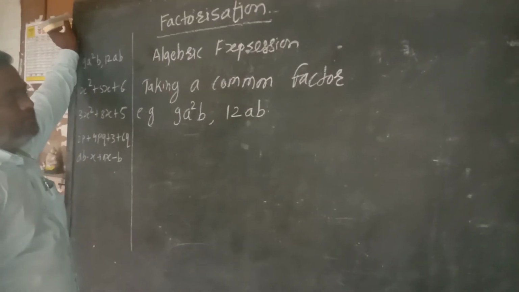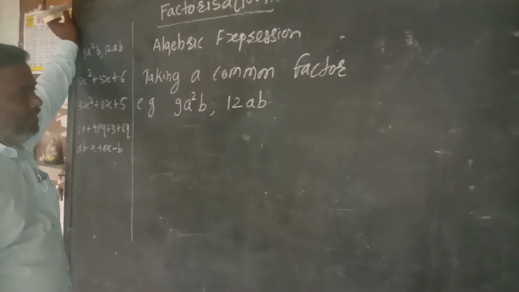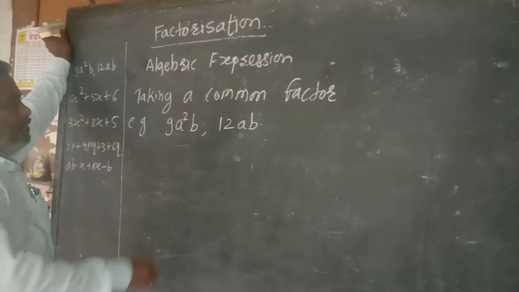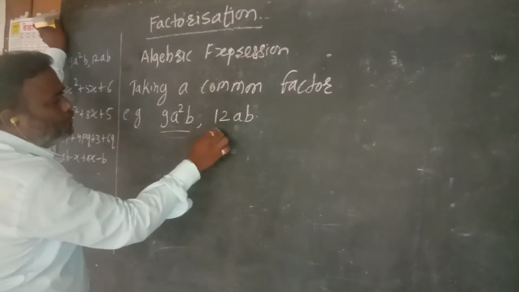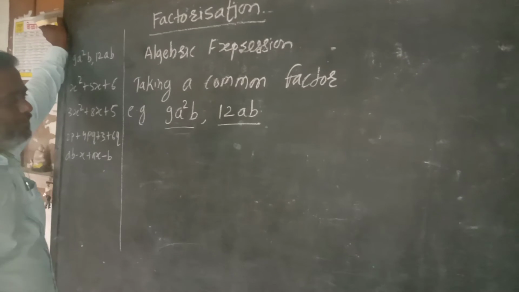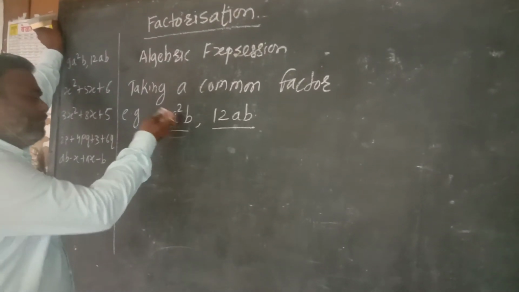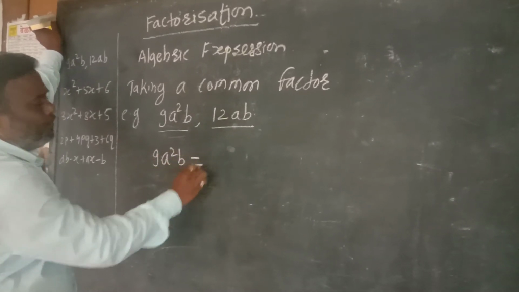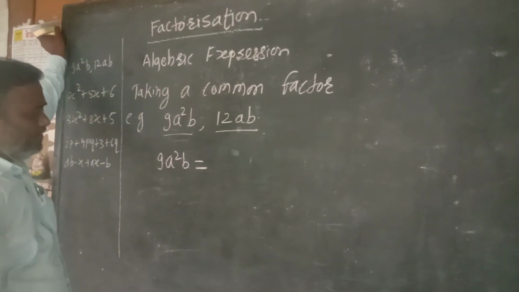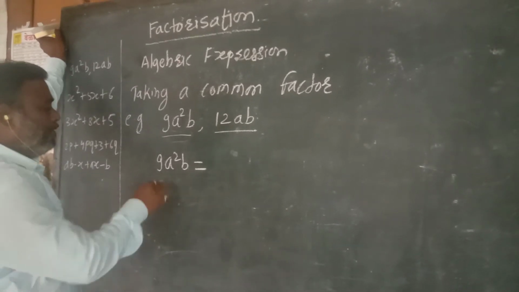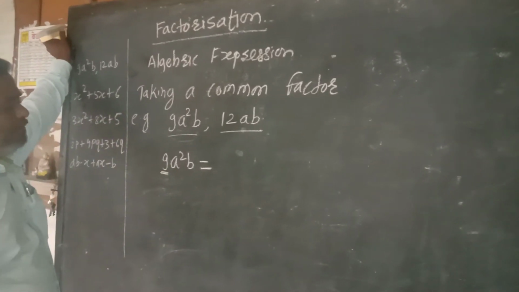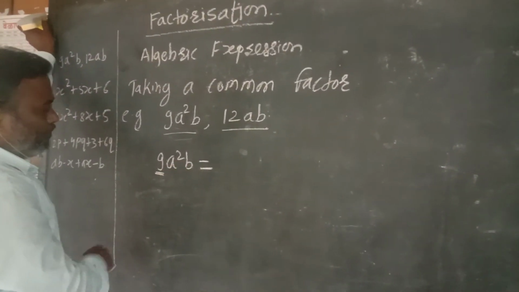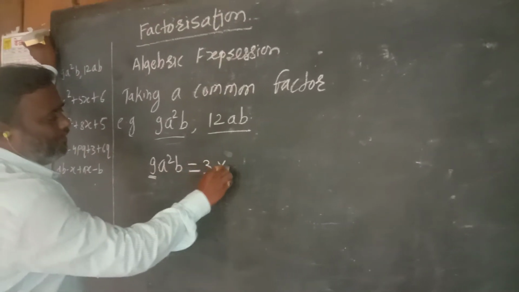Now, first we discuss factorization of an algebraic expression by taking a common factor. For this, we take one example. If we have two monomials like 9a square b and 12ab, first we have to factorize 9a square b. किसी भी मोनोमियल या किसी भी अलजेब्रिक एक्सप्रेशन का फैक्टराइजेशन करते समय पहले तो आप उस नंबर के प्राइम फैक्टर्स फाइंड आउट करो। 9 के प्राइम फैक्टर्स होते हैं 3 into 3.